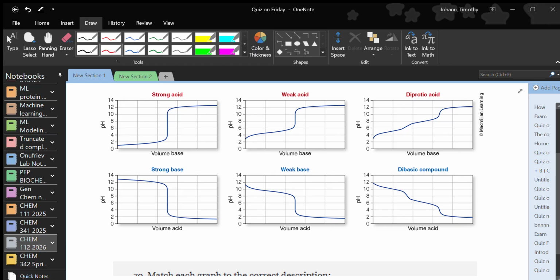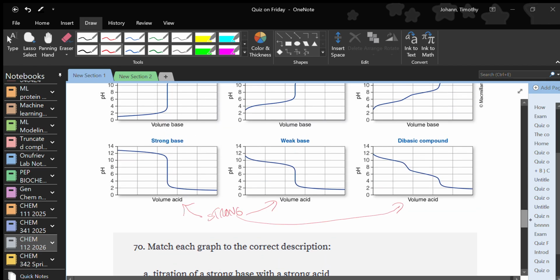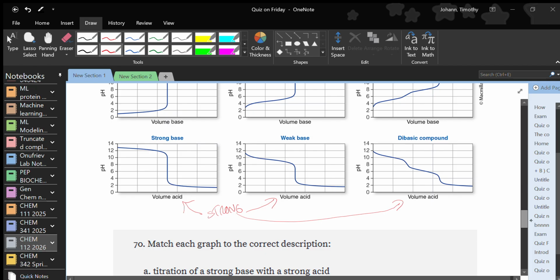Okay, and so I'm just going to write, just make sure we're aware of this. That's strong. And so it's just the same thing, except that we're reversing which is which.